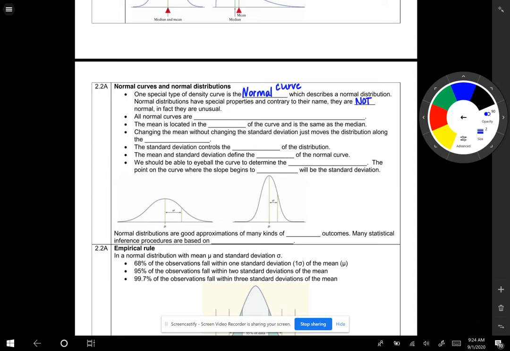All normal curves are symmetric, single-peaked, and bell-shaped. Most data in real life is skewed and is not normal.